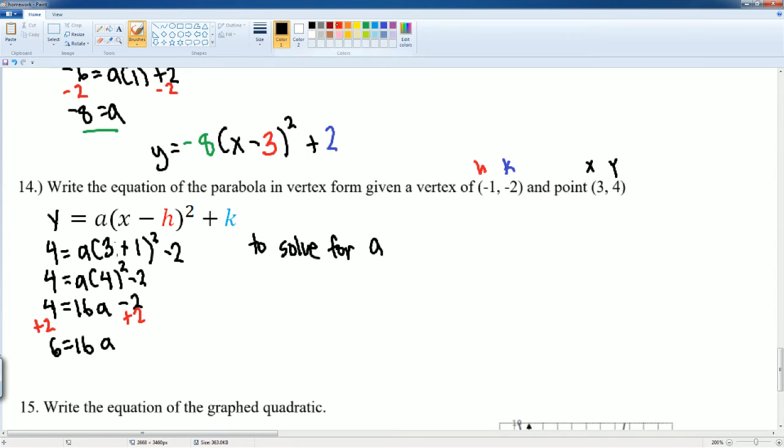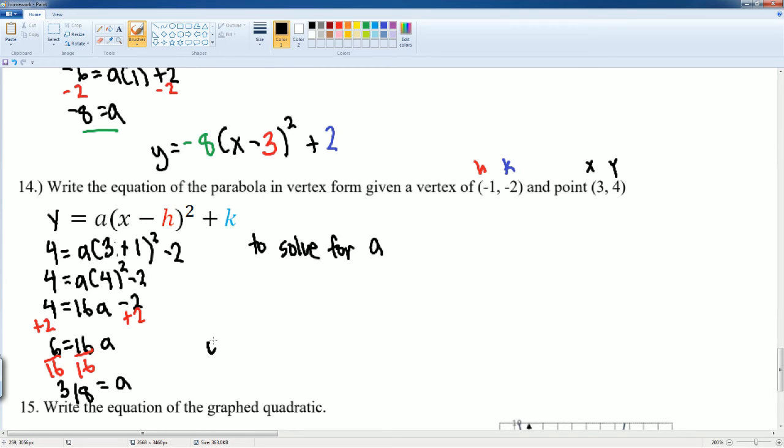Divide by 16 on both sides. It becomes improper, so 3 over 8 is equal to A. 6 divided by 16 you can simplify to 3 over 8. That is what A is.